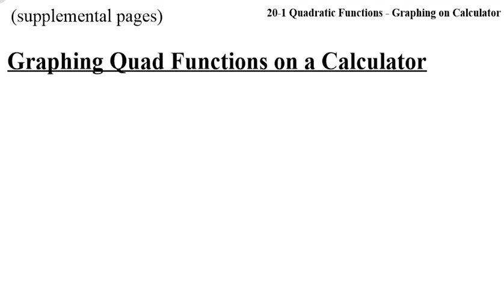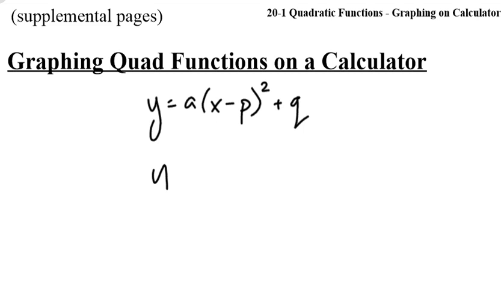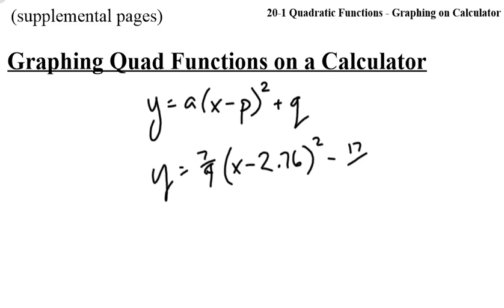First things first is we have now talked immensely about our vertex form. What you have to understand is the vertex form is nice as long as numbers are whole. But sometimes you have a question where you maybe have y is equal to 7/9 bracket x minus 2.76 squared subtract 17/19.